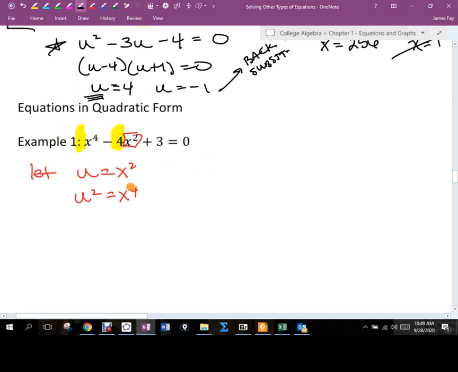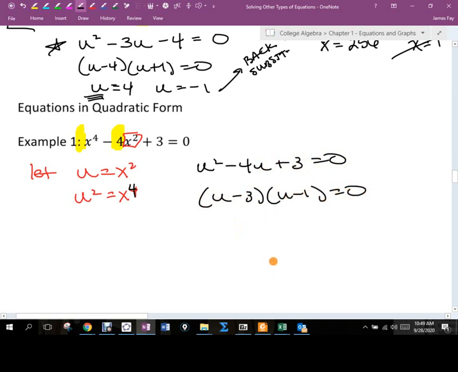But I would not trust that technique. But now we can go u squared minus 4u plus 3 is 0. So u is 3 and u is 1, right? So then x squared is 3, x squared is 1.